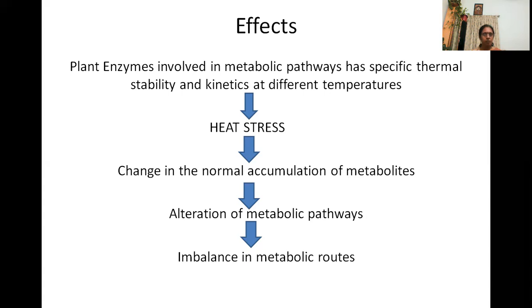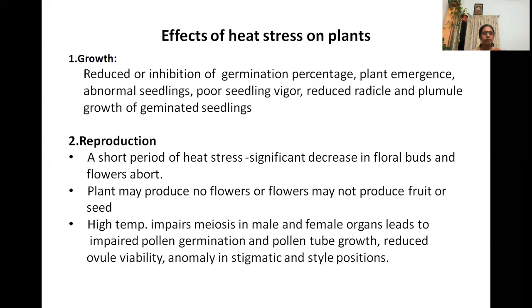Normally accumulated metabolites, their accumulation is changed, and this leads to metabolic pathway differences. That is, there is an alteration in the metabolic pathways, and this alteration results in the accumulation of different types of metabolites. This leads finally to imbalance in metabolic routes.